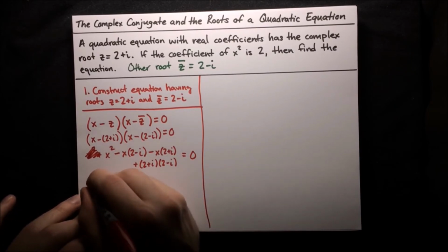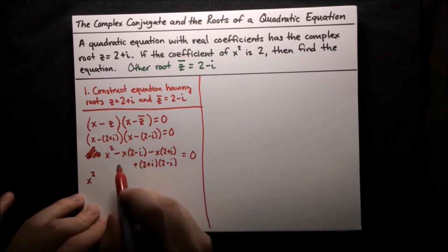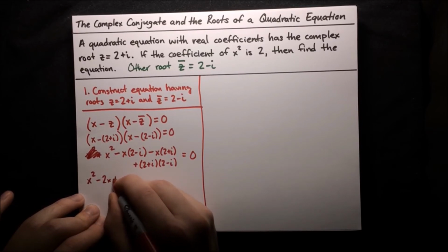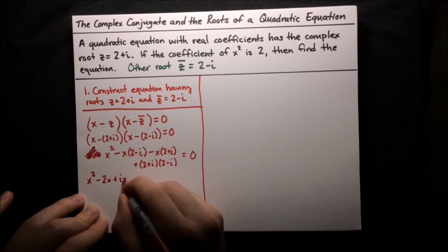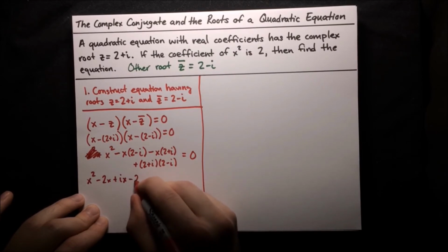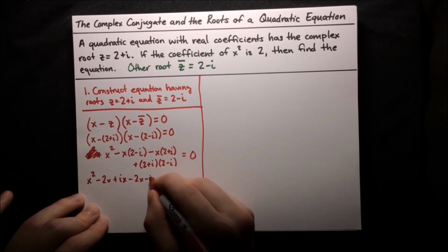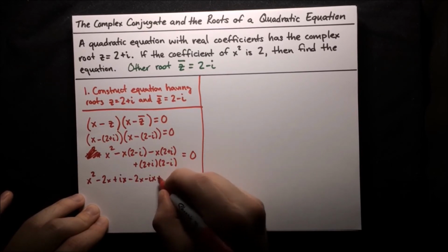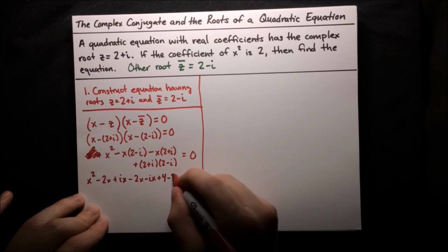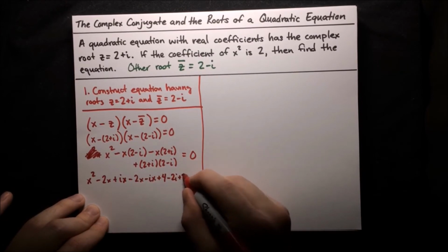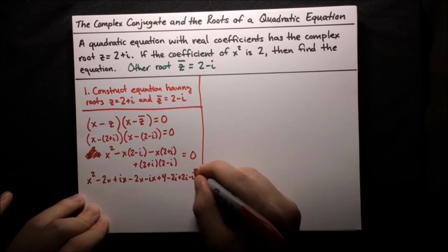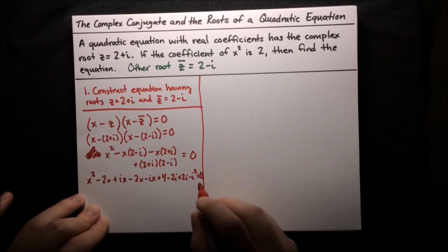So we get x squared, then multiplying this out, we have minus 2x, then plus ix, then minus 2x, and minus ix, and then multiplying this out, we have plus 2 times 2 is 4, and then minus 2i plus 2i, then minus i squared is supposed to be equal to 0.